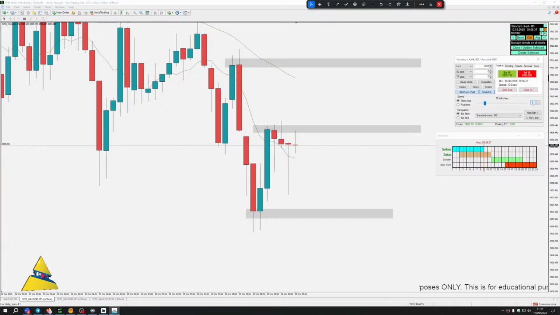The 8 SMA is holding price action quite nicely. You have to wait for candles to close, especially if you're not sure about the trade. If we can get the closure, that's going to look a lot better, because then we get a potential shotgun entry on this.